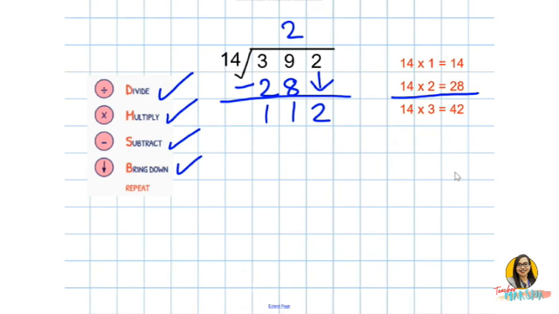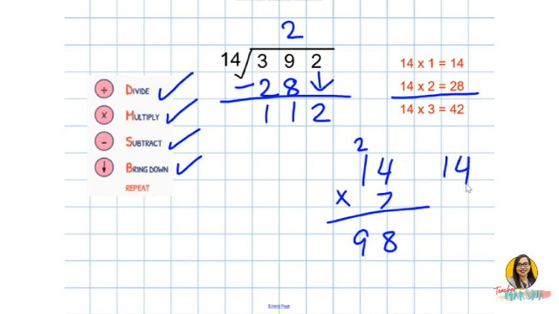Let's multiply 14 by 7. So 14 times 7, 4 times 7 is equal to 28. 7 times 1 is equal to 7, plus 2 is equal to 9. So that's 98. Now let's try 14 times 8. So 14 times 8, we've got here 4 times 8 is 32. And 8 times 1 is 8, plus 3, that is 11.